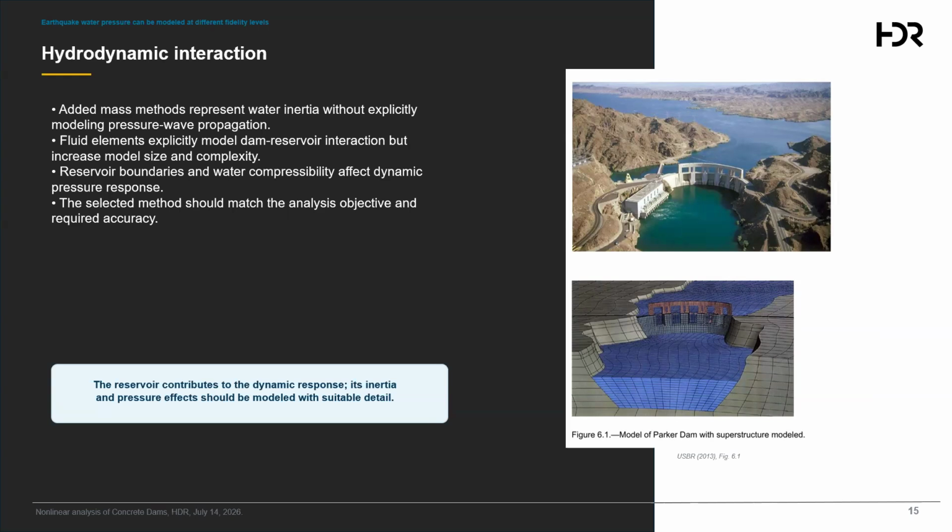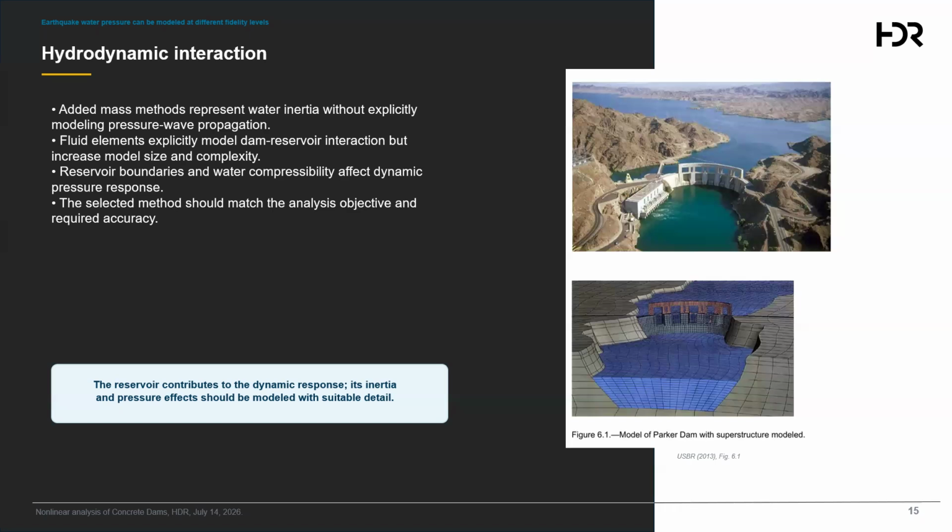During seismic loading, the water adds inertia and creates a hydrodynamic pressure on the dam, which can influence the overall dynamic response of the dam. The dam-reservoir interaction, as you see here, is modeled by fluid elements, but it can be modeled with different methods depending on the required accuracy and the purpose of the study.